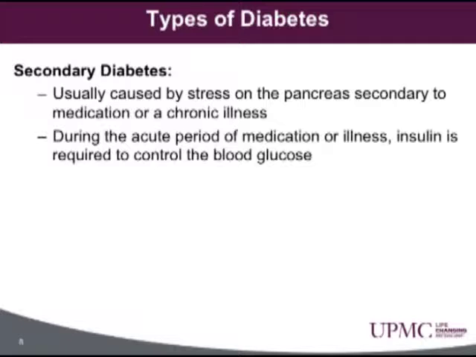And if it comes back 100 to 125, they consider you to have prediabetes. If it's 126 or above, then the diagnosis of diabetes is made. Or if we get a blood sugar of greater than 200 anytime throughout the day with symptoms, where you're having symptoms of increased thirst, increased urination, or unexplained weight loss.